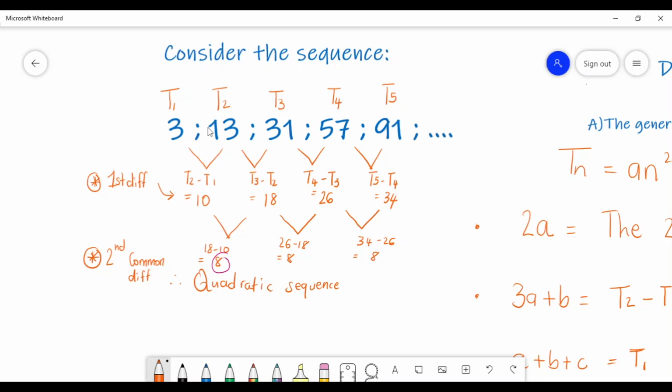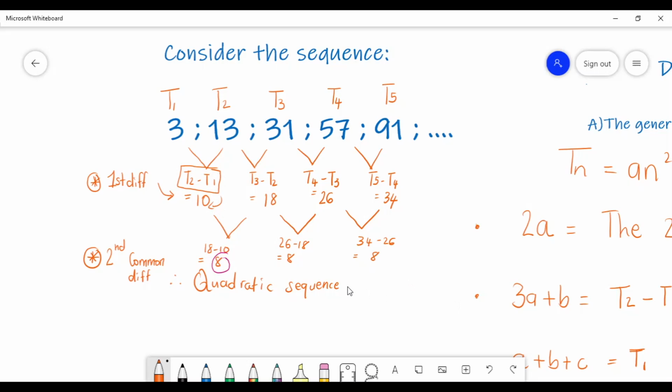And what was our second term? Our second term was equal to 13, right? So 3a plus b is equal to 13 minus 3, which is equal to 10, okay? So this is our T2 minus T1, which is equal to 10.